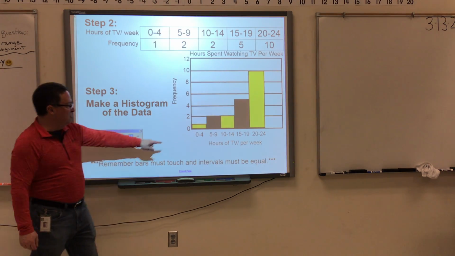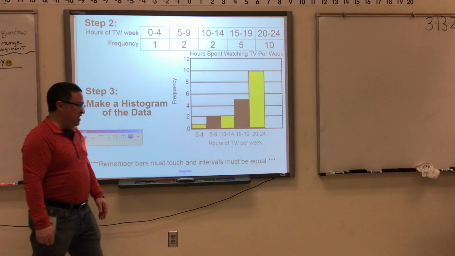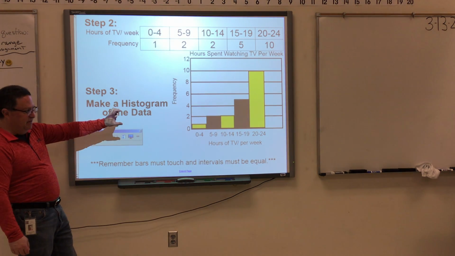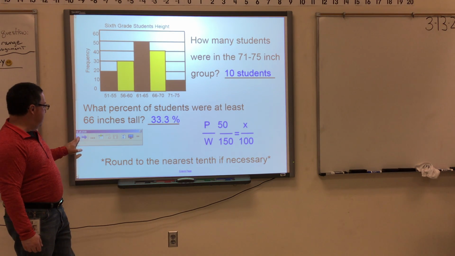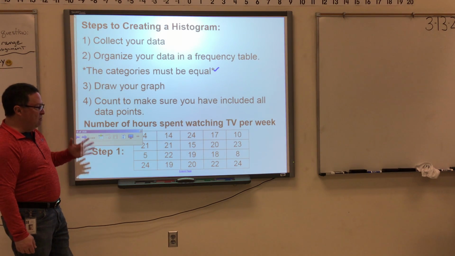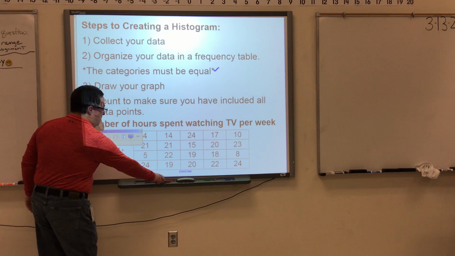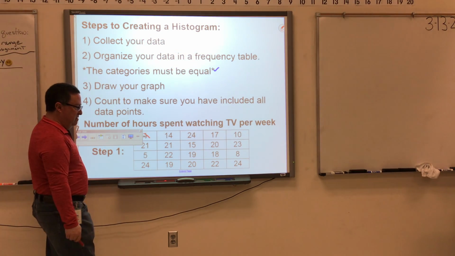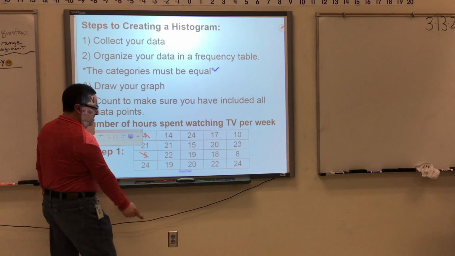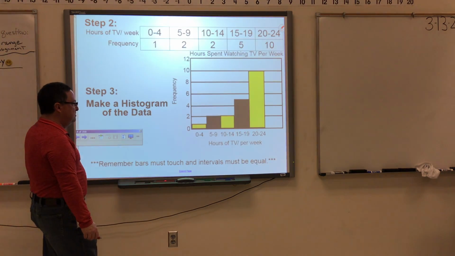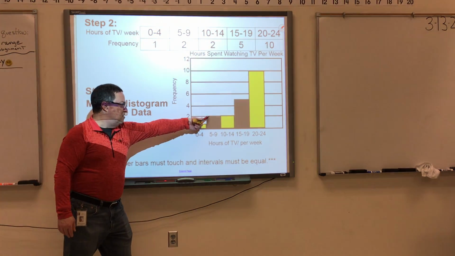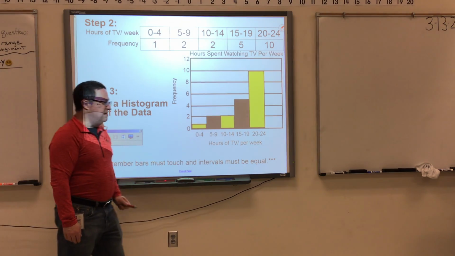So I'm going to make sure that I have 1 in there. Then I'm going to look at the next one, and I'm going to go from 5 to 9. So I'm going to check that one off. Then I'm going to say there's 1, 2 of them between 5 and 9. So when I look at my chart, there are 2 of them between 5 and 9.